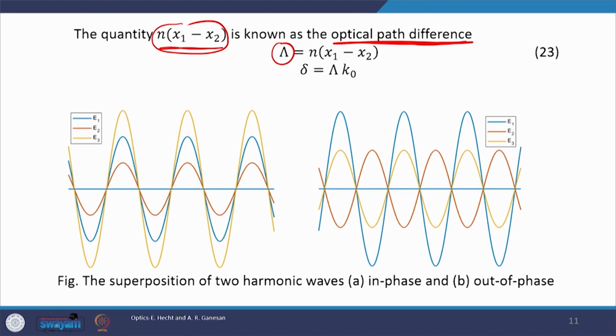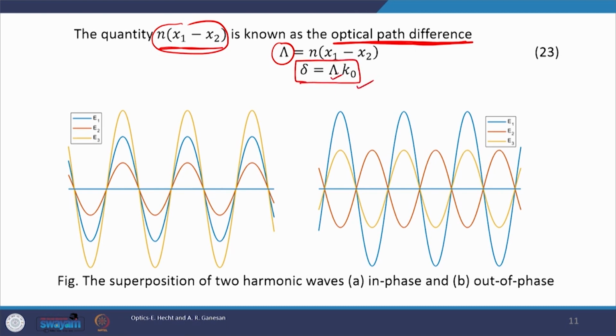And as I said, if you multiply the optical path length difference by the wave number, then we will get the phase difference, and this is what is written here.